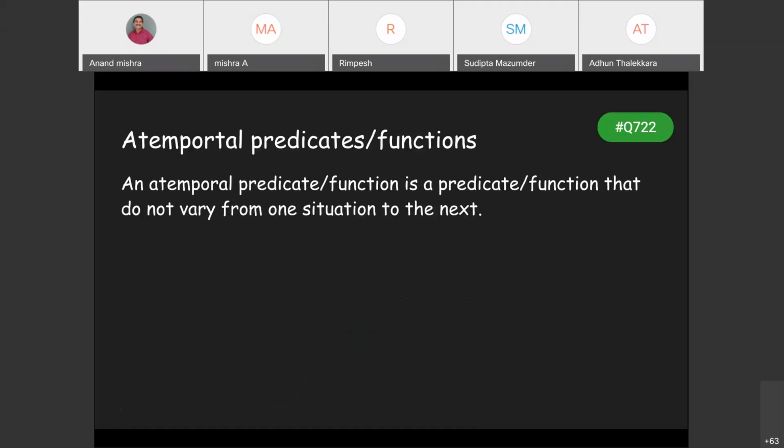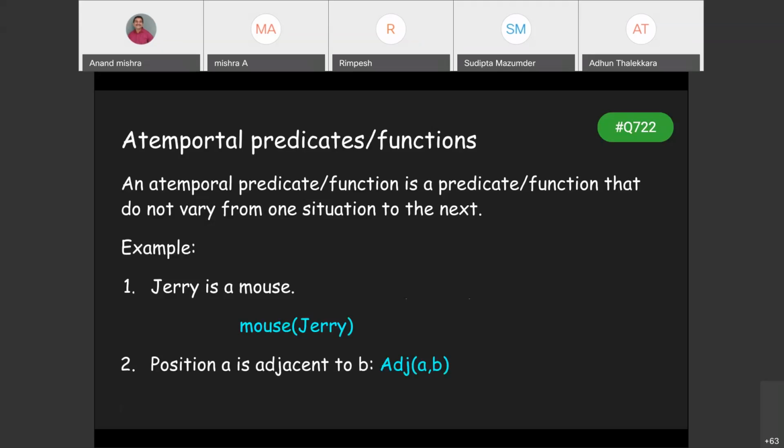The other one, atemporal predicates or functions, is a slightly different concept. They are universally true. Atemporal means that whether time passes or not, they are independent of the situation. An atemporal predicate or function does not vary from one situation to the next. For example, Jerry is a mouse, and that is not going to change with a change of situation.